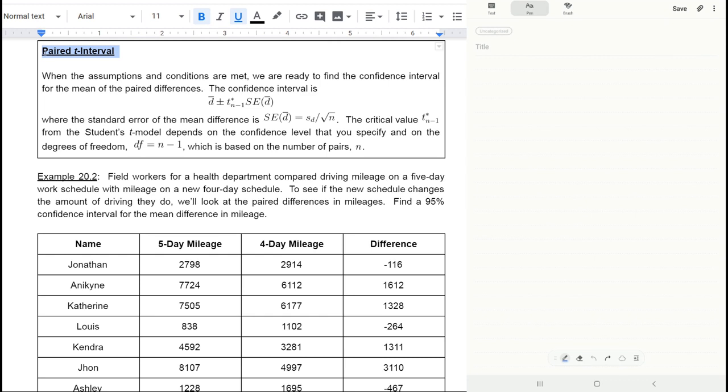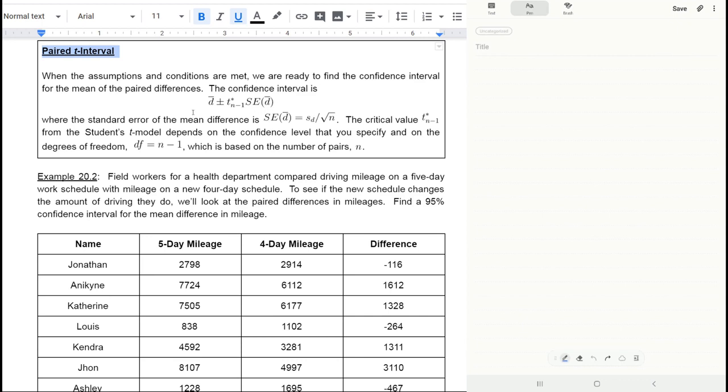Okay, so the way that we will find our confidence interval is by the following method. We will calculate d bar, the mean of the differences, and then we will add and subtract a critical value times the standard error of d bar.